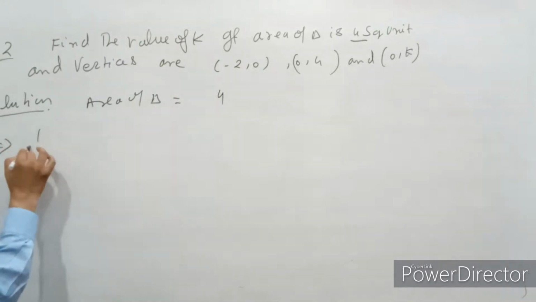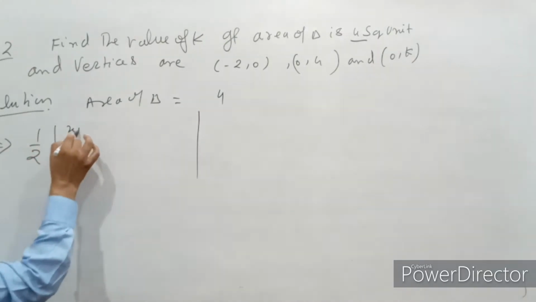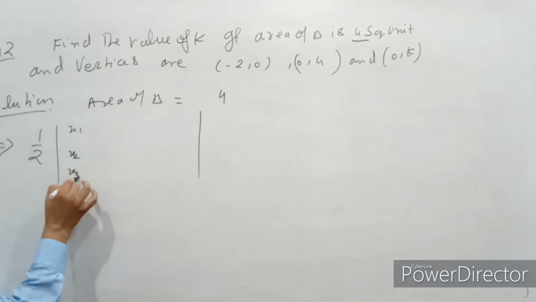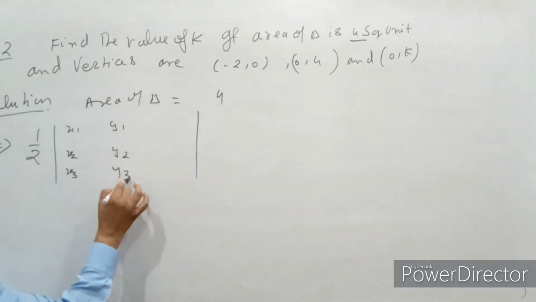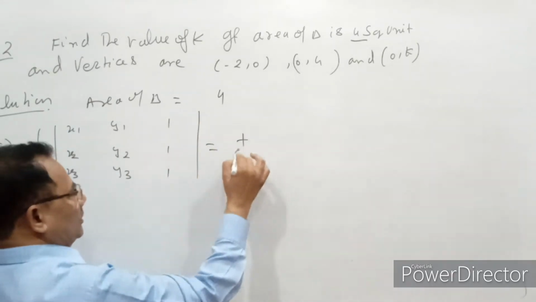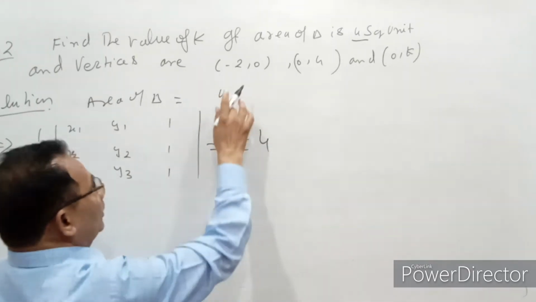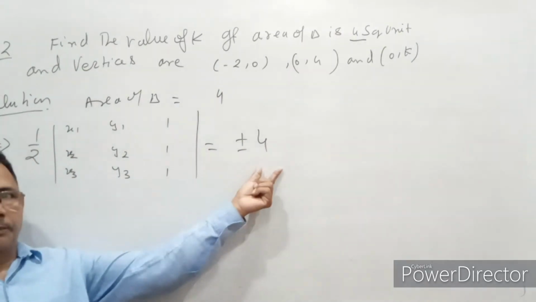So we know that the formula for the area of a triangle is the determinant with rows x1, y1, 1, and x2, y2, 1, and x3, y3, 1. Here we take the modulus, so the area of the triangle will be plus or minus.